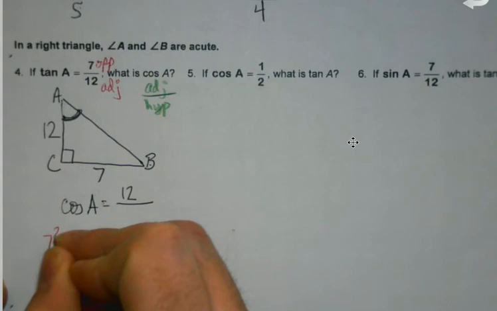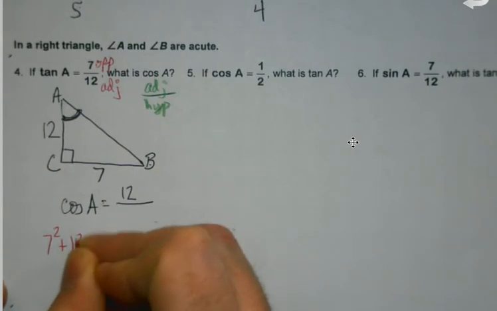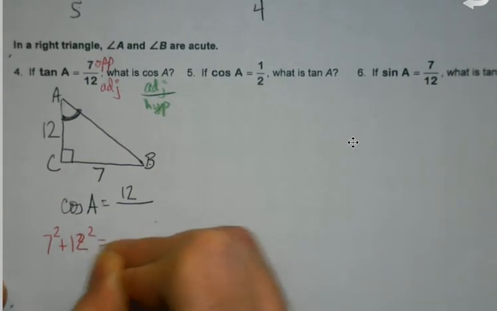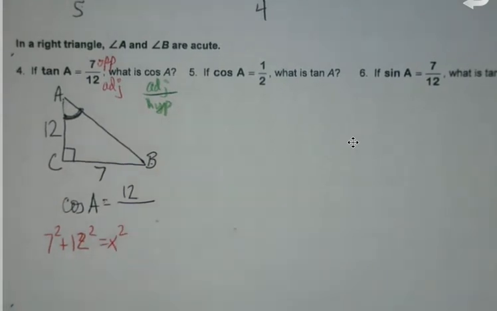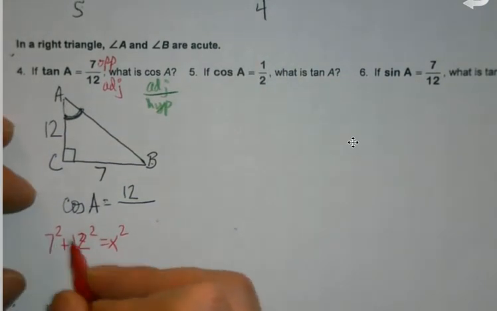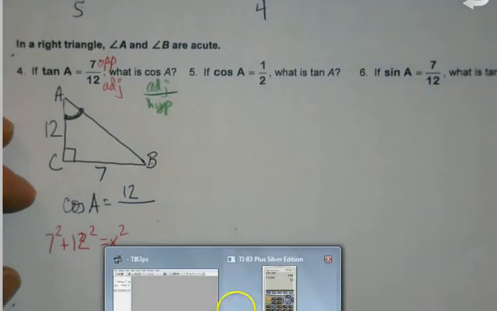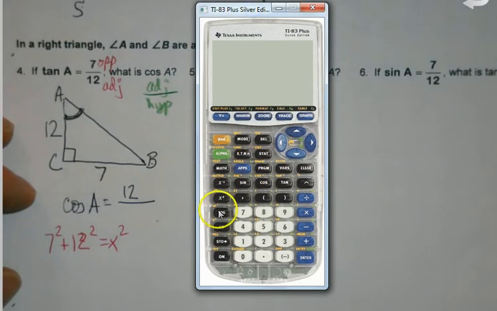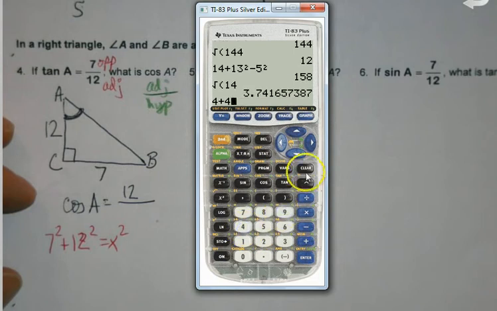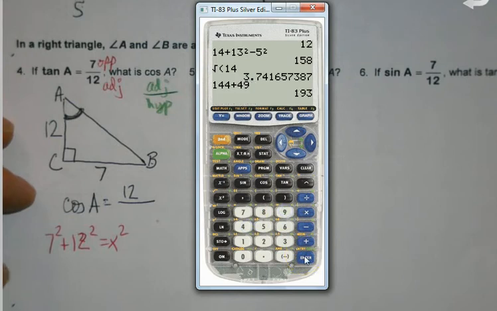So in this case, 7 squared plus 12 squared equals x squared. And they won't always come out nice. In this case, it definitely doesn't. So 144 and 49. Calculator had a mind of its own.